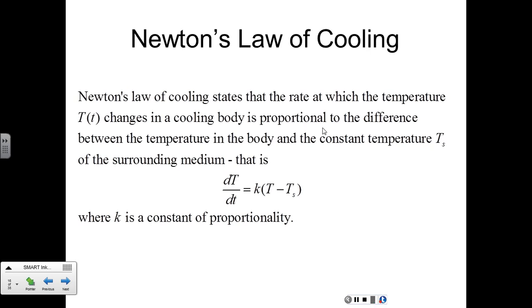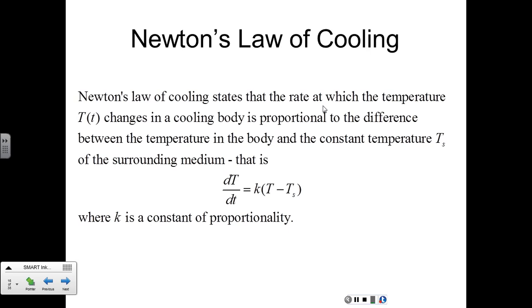Newton's law of cooling states that the rate at which the temperature changes in a cooling body is proportional, and that's going to be your K right there when they have that word in there, proportionality or proportional, to the difference between the temperature of the body and the constant temperature of the ambient or surrounding medium.